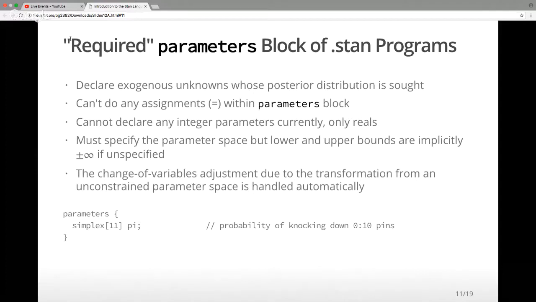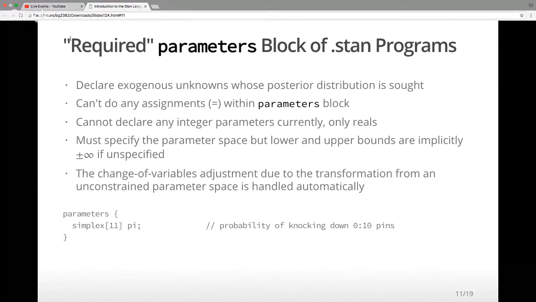So you can't be using the equal sign for anything. You can just declare names and sizes and restrictions and stuff like that. But you can't declare any integer parameters, for reasons we talked about previously. Hamiltonian Monte Carlo is not defined for those. When declaring parameters, you have to declare what the parameter space is.